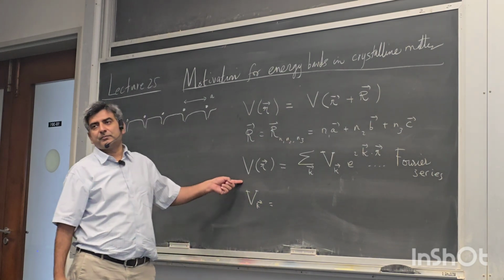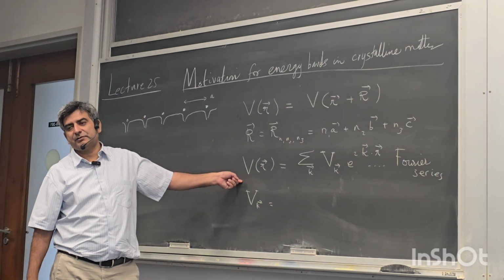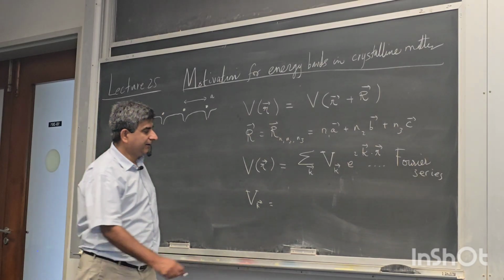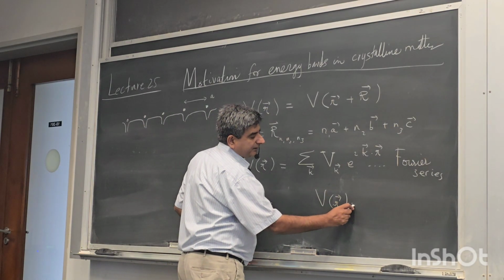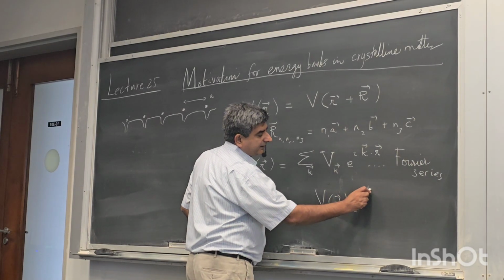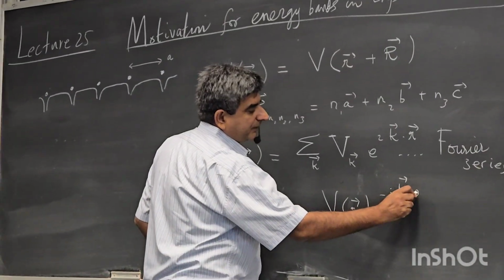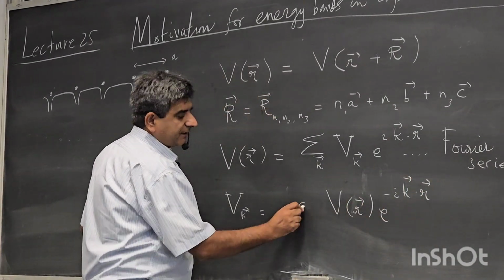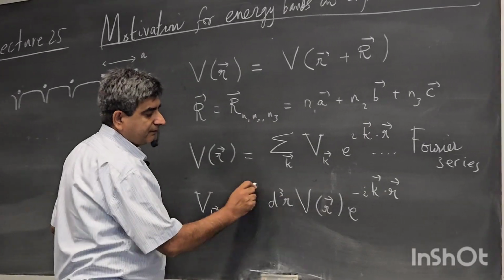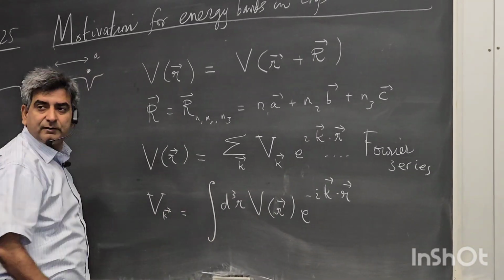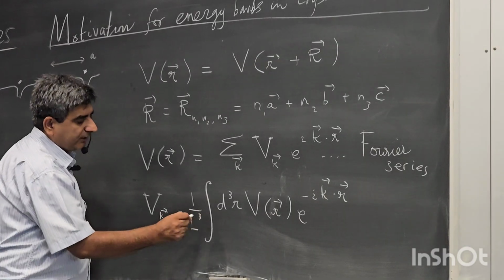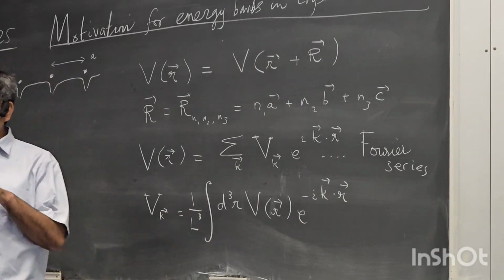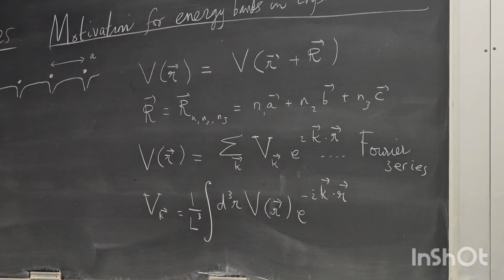This coefficient V_k is the Fourier transform of the potential in real space. So the Fourier transform of this potential is V(r) e to the minus i k dot r, summed over all of space, and you want to put in some normalization factor as well. I'm calling that normalization factor L cubed, where L cubed is the total volume of the solid.